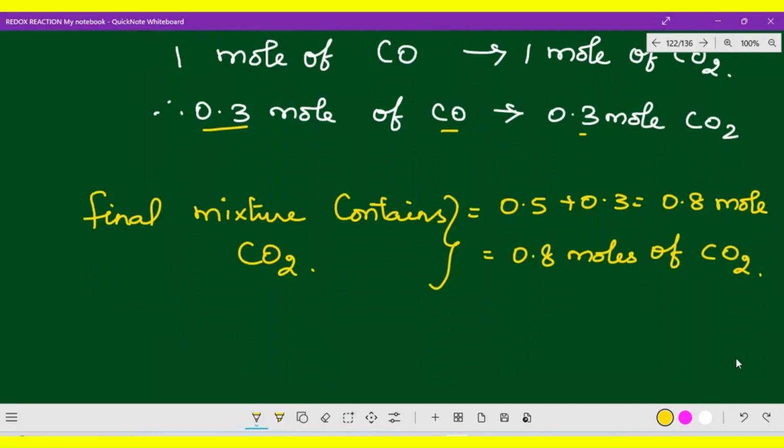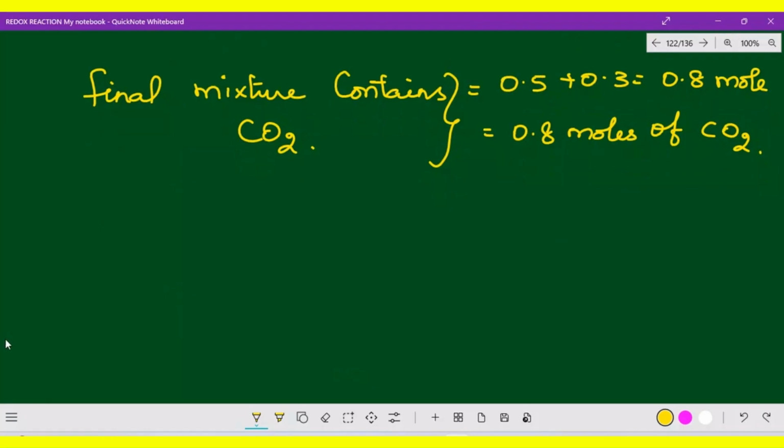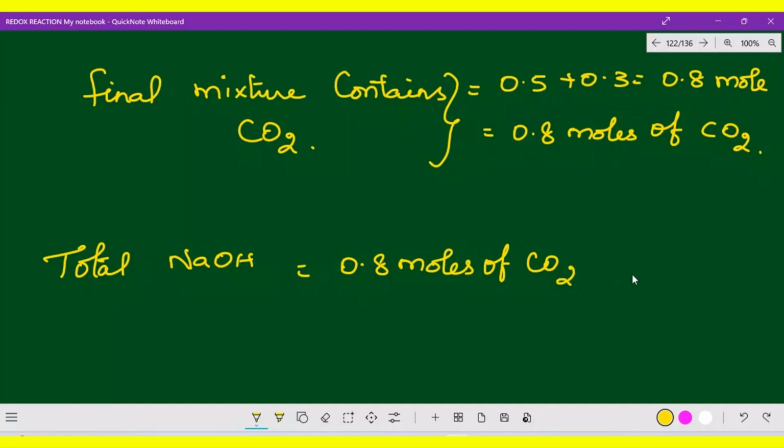I hope you got the clarity. Now the total sodium hydroxide we have to identify. So how do we identify the total sodium hydroxide? Moles of carbon dioxide into moles of sodium hydroxide required.